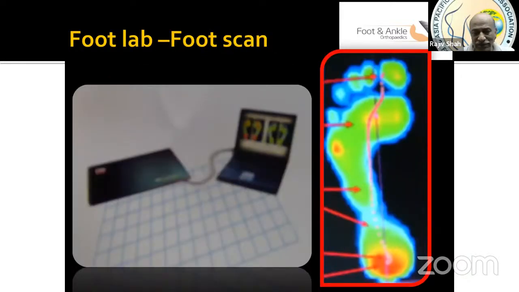But this foot scan is a sophisticated instrument over which the patient walks, and it takes a pressure measurement of 10,000 points over your foot and ankle, and the measurements are transferred to the laptop through software.